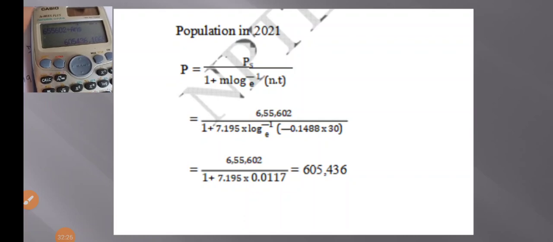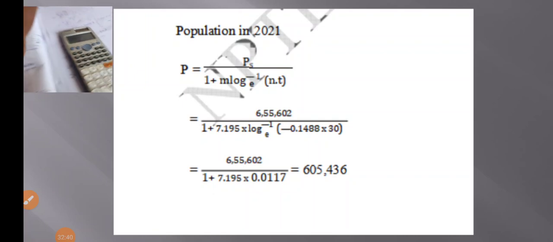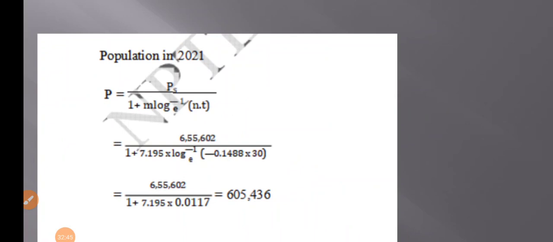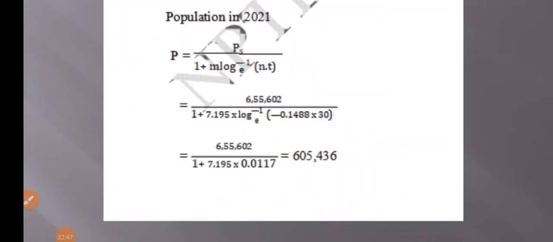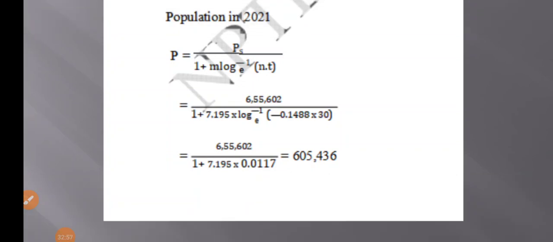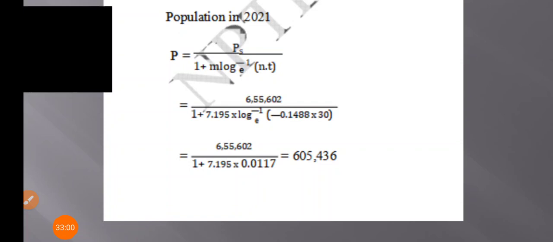So log e to the power of minus 1 means alpha e to the power, within a bracket, minus 0.1488 multiplied with 30. That gives the correct value. This is how to calculate the future population by using the decrease rate of growth method and logistic curve method.